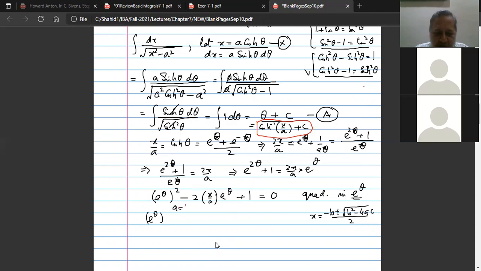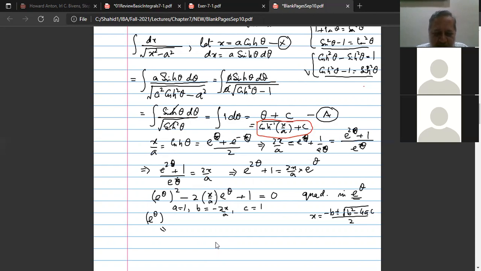A is equal to 1, b is equal to minus 2x upon a, and c is equal to 1. So the unknown squared minus constant into unknown plus 1 is the quadratic equation on which I am applying the quadratic formula.